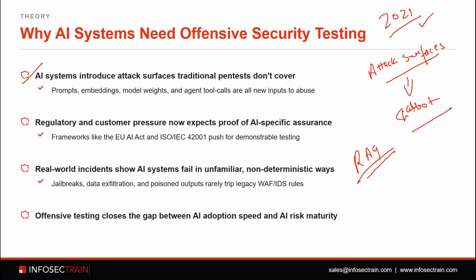So AI systems interact with sensitive data, right? They interact with external tools as well, human users as well, in ways that blur traditional trust boundaries. For example, an AI assistant may have access to corporate knowledge bases, APIs, or even the ability to execute commands.